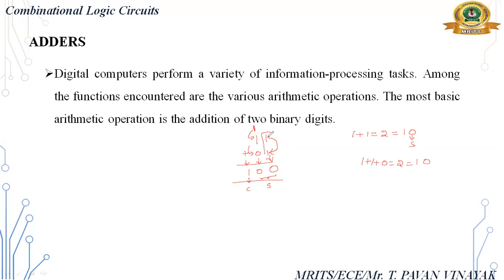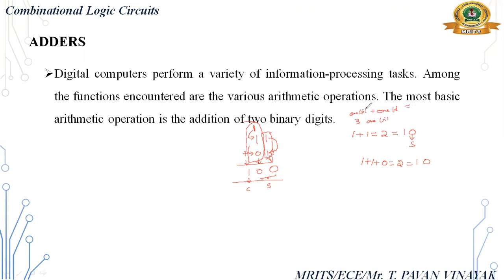Now see, first you are adding only two numbers, two single bits, one-bit numbers, right? Adding two 1-bit numbers, and next three 1-bit numbers.